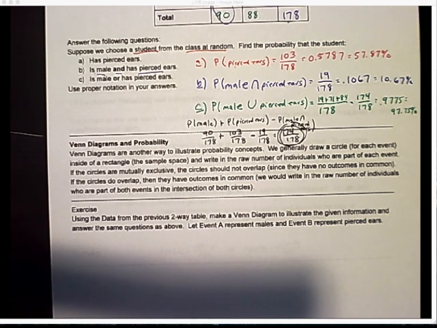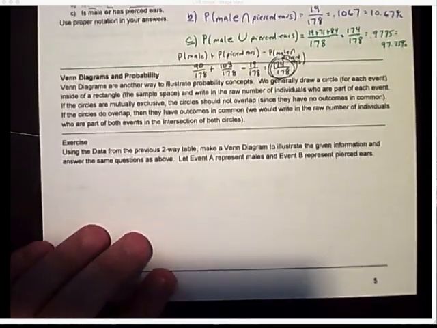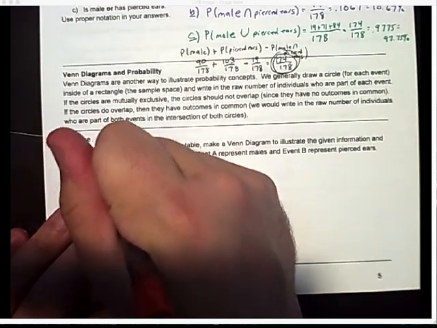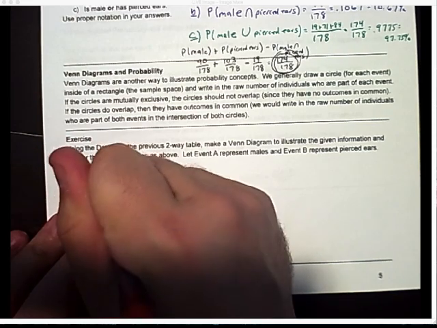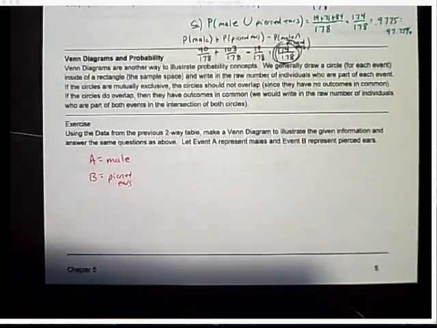If the circles are mutually exclusive, the circles should not overlap, since they have no outcomes in common. If the circles do overlap, then they have outcomes in common. So we have two events. We have A being a person is male, and event B is pierced ears. So that's how we're going to define these events.